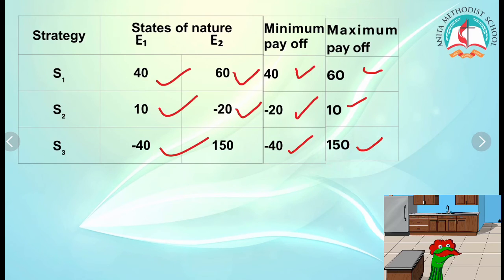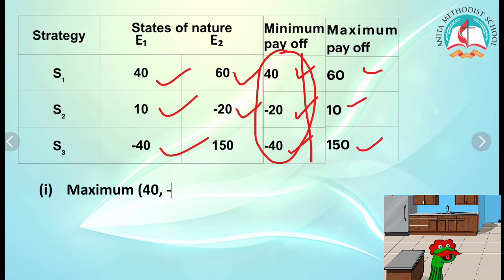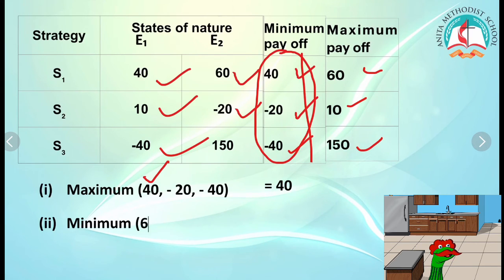Okay, after that you have to choose which strategy. So find out the maximum of this. So what is the maximum of 40, minus 20 and minus 40? It is equal to 40. Okay, so 40 is present in the first place, therefore S1 is the best.